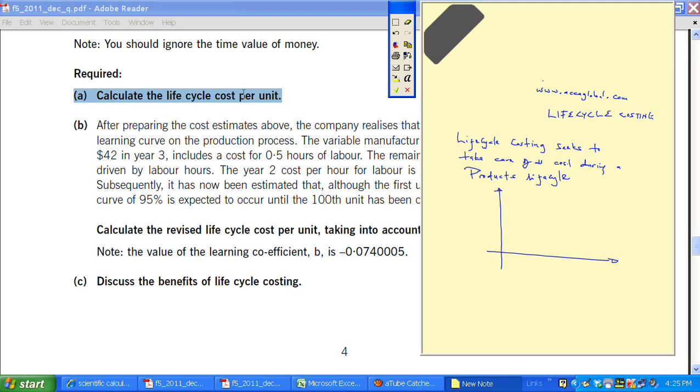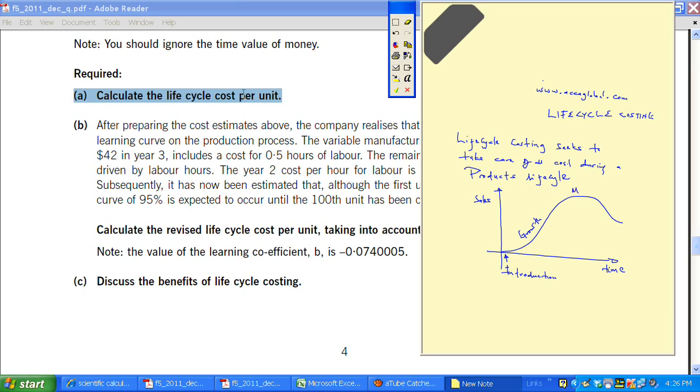A typical product would generally have a curve like this. If you have sales on this axis and time on this axis, here you have the initial introduction of the product, then here you have the growth phase of the product.